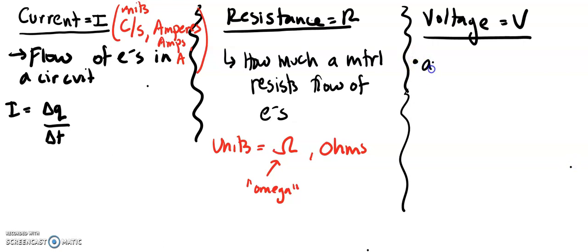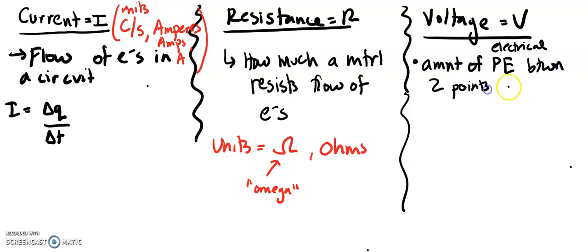So let's go ahead and write both down. So it can be the amount of potential energy, and also should say electrical potential energy, between 2 points. Or we can think of it as kind of like a water pump, if I think of an analogy to a water tank.